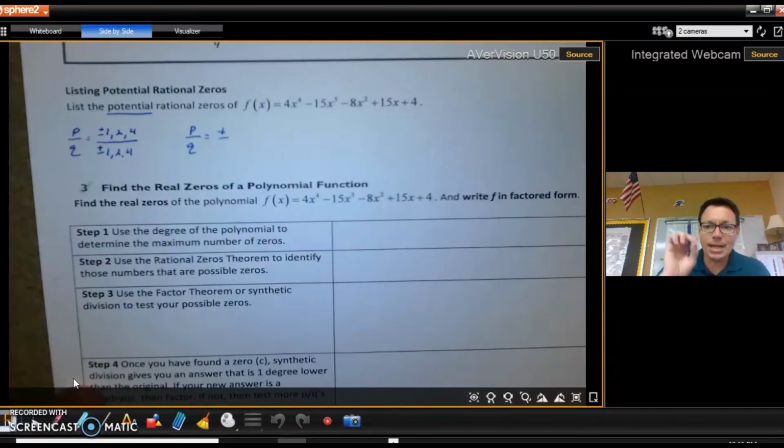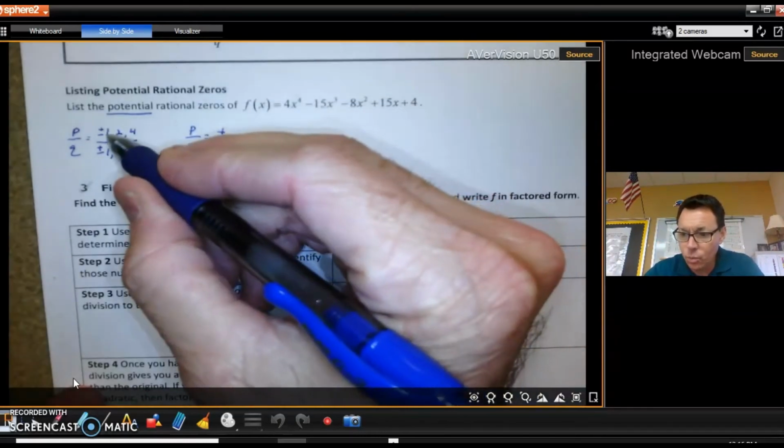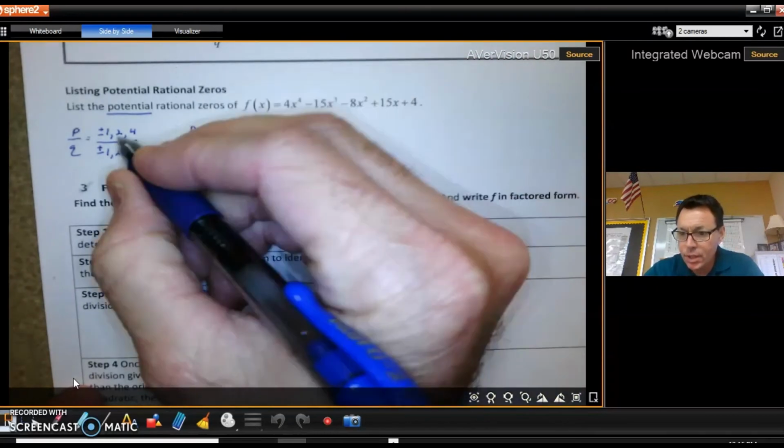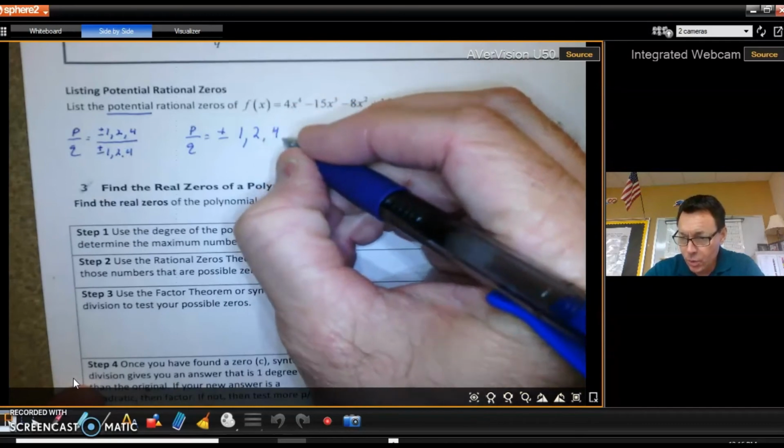We need to make every pairing that we can with those numbers. So, again, 1 over 1 is just 1. 2 over 1 is just 2. And 4 over 1 is just 4.